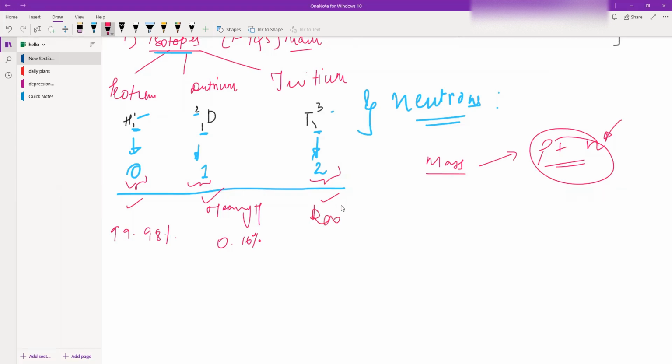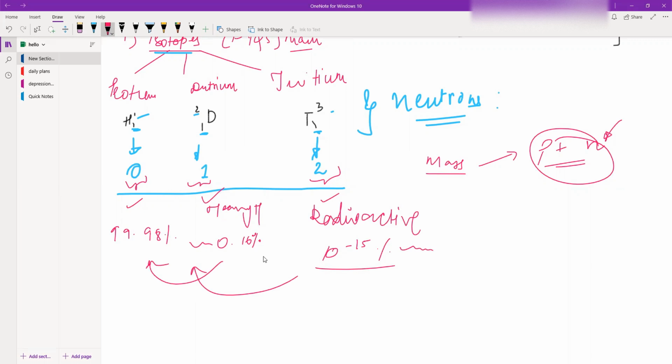This is radioactive, and it has the occurrence of 10 to the power minus 15%. Like, it is almost negligible in comparison with this and this.